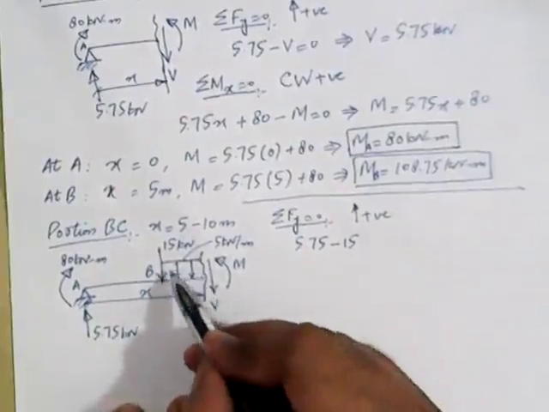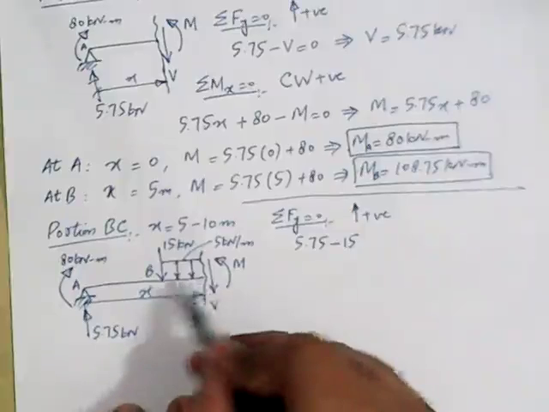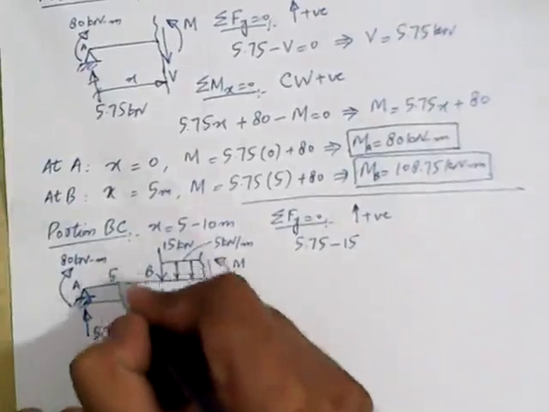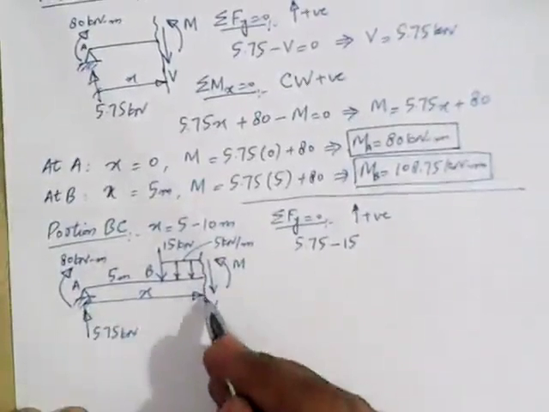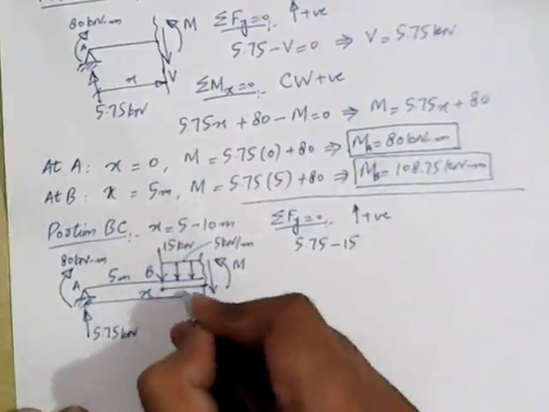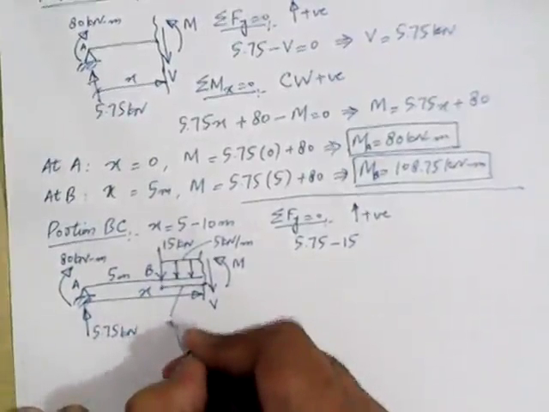For considering this part of the UDL, we have to consider this much distance. How much is this distance? The distance between point A and B is 5 meters. The distance between point A and the location of the section is x. So how much is this distance? It is x minus 5.